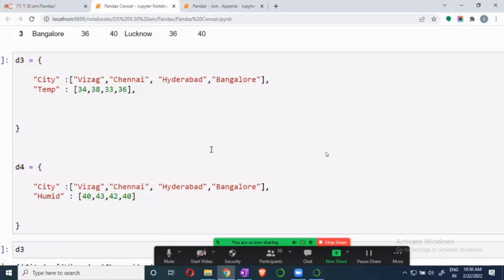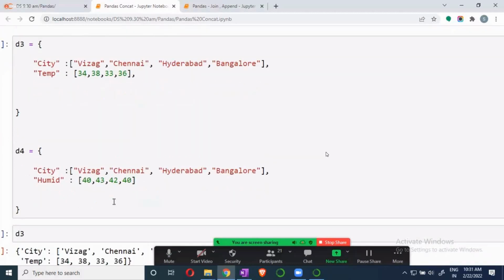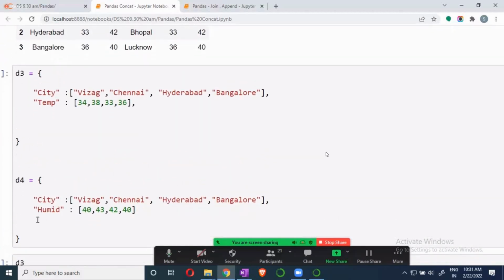You will create a data frame from the dictionary, and then we are going to put one data frame into another data frame. But how will you do that, putting one data frame into another? Concat and merge. Append is the one we are going to use to do that.